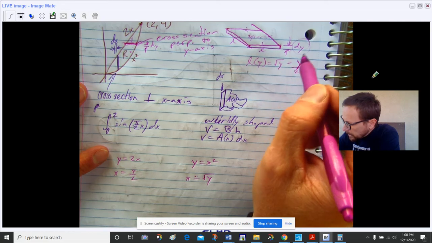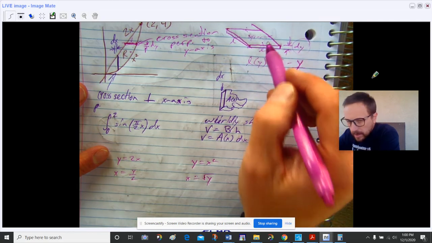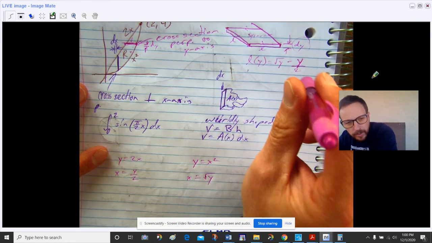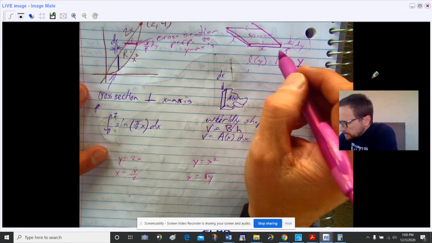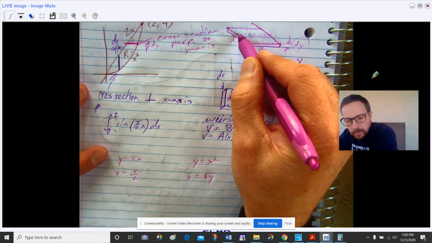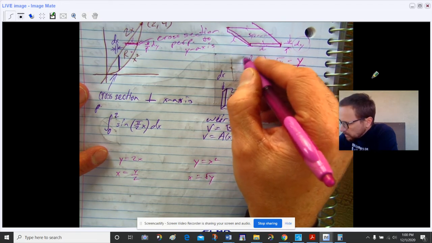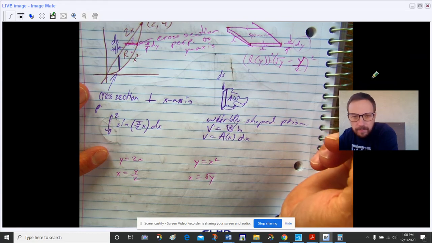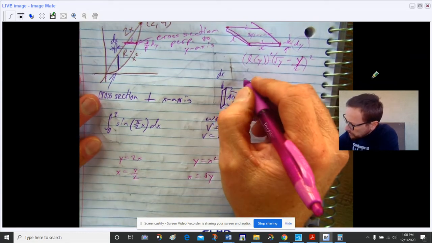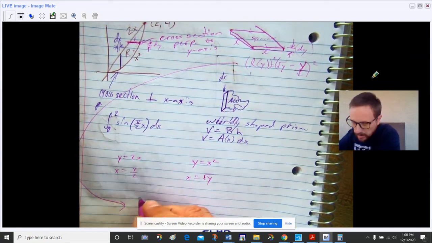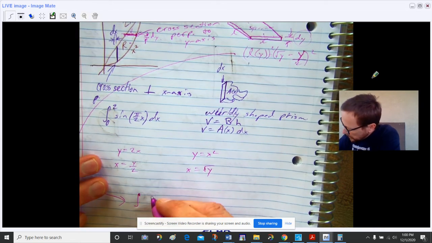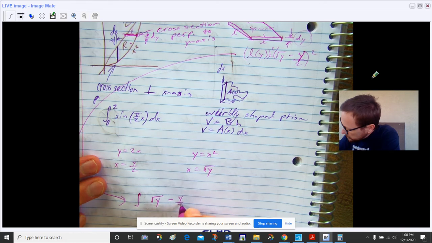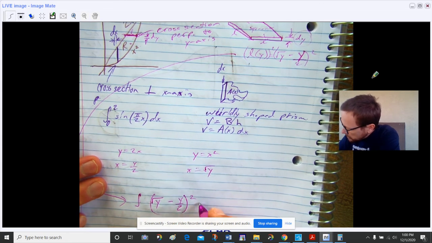So that's L of y. Now, again, just a prism, and it is actually a square prism, rectangular prism. Base times height. Well, they're both L. So L squared is going to be this squared. So that means then we'd have the integral of radical y minus y over 2, squared, dy.